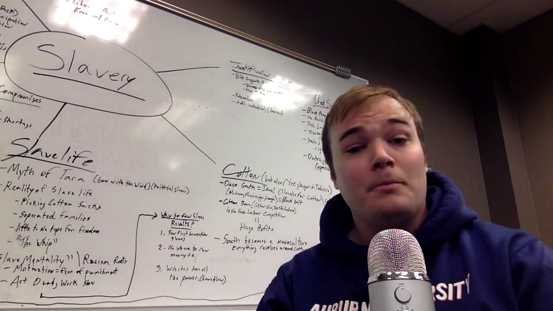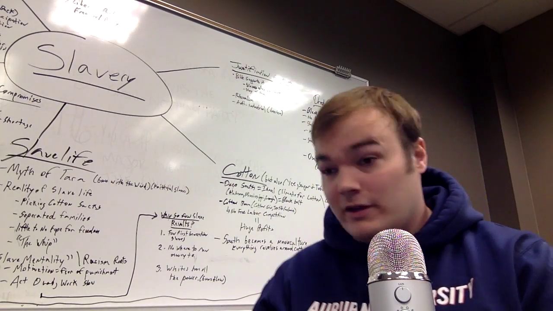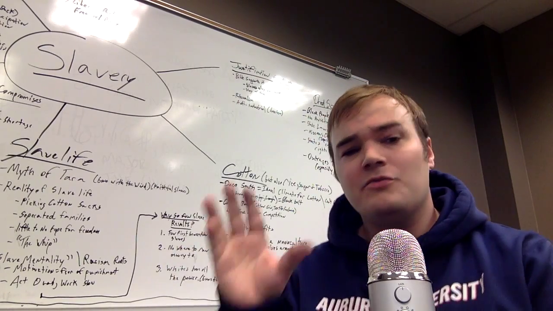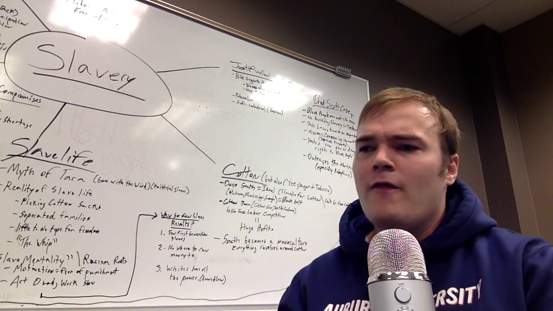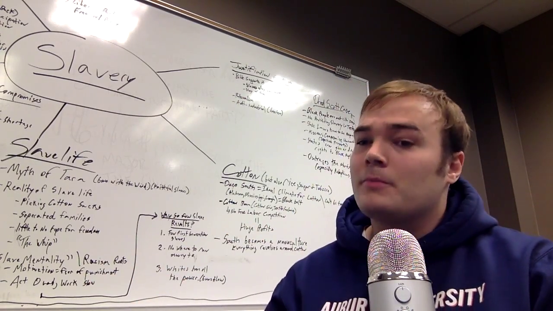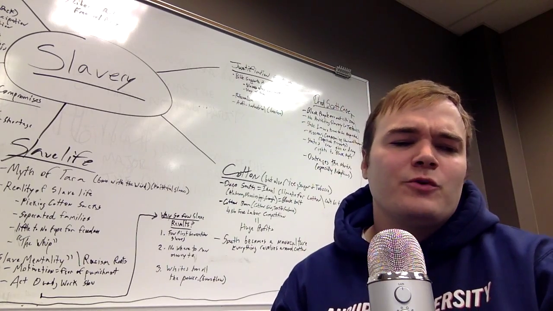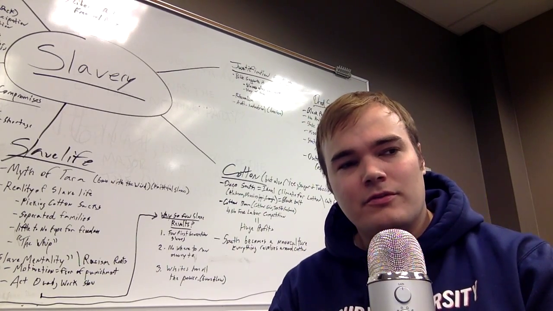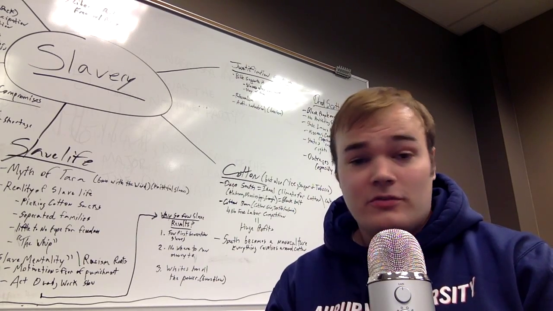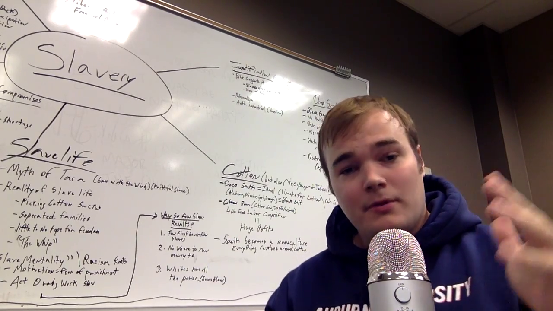Another thing is this idea called paternalism. Paternalism is a word that gets thrown around a lot, and I know it can be a little bit confusing, but here's how you should think of it. Think of fathers, the father figure who reigns over the house, and he watches after his children and protects his wife. It's this idealistic image of a male leader. Now think of that in terms of society, in terms of white people and black people.